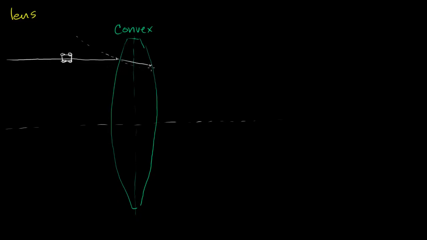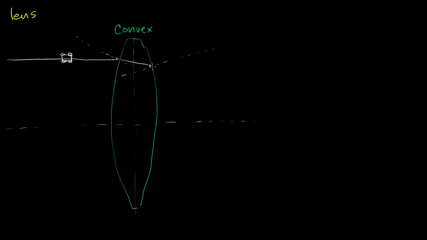And then once you get to this interface, now you're going to move into a faster medium, into the air again. And let me draw a perpendicular over here. The top side of this ray is going to come out first.